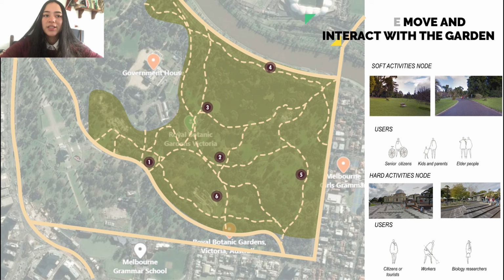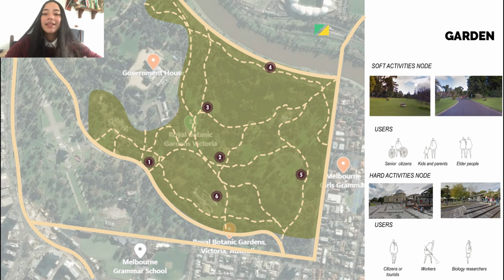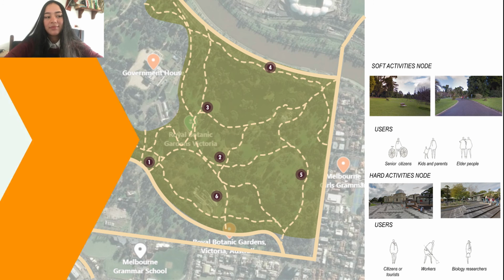In the soft, it's more like senior citizens, tourists, and kids with the family, elder people. But in the hard activity nodes there are more researchers and students, college, and even workers and things like that.